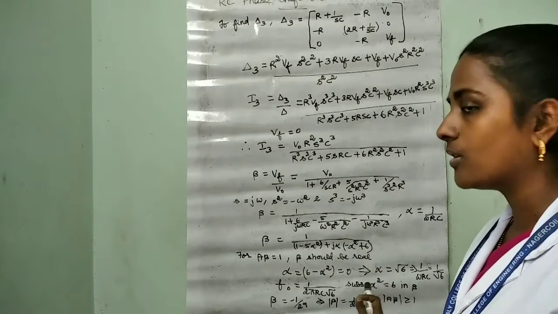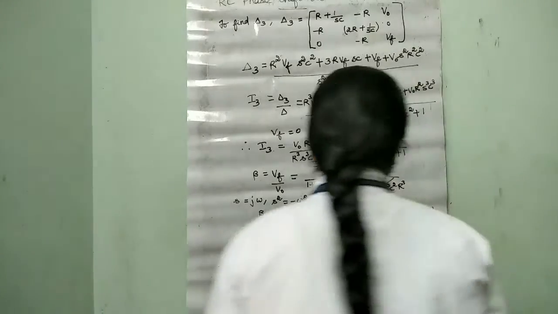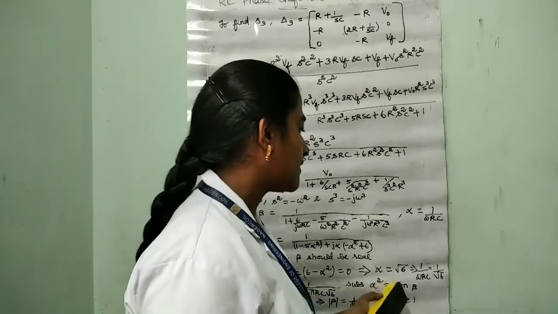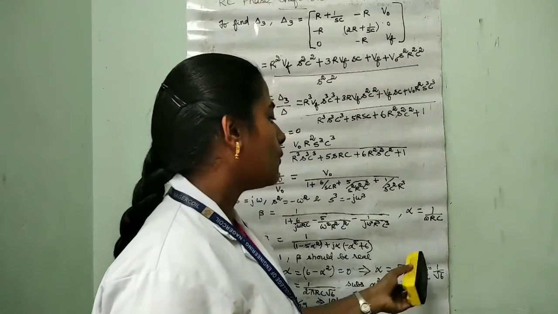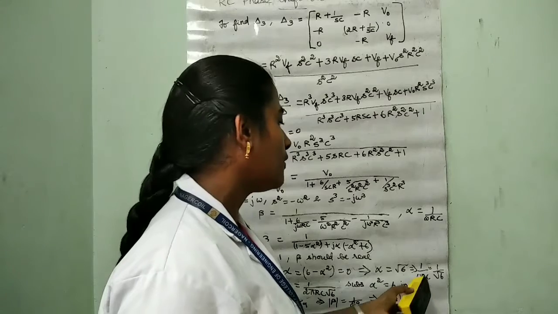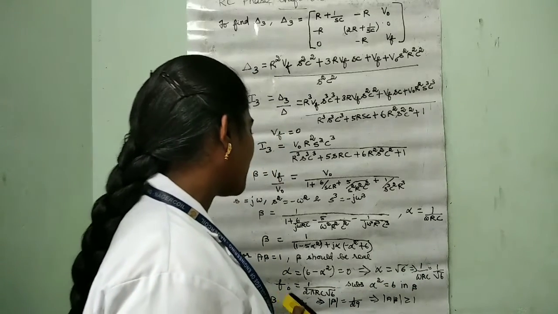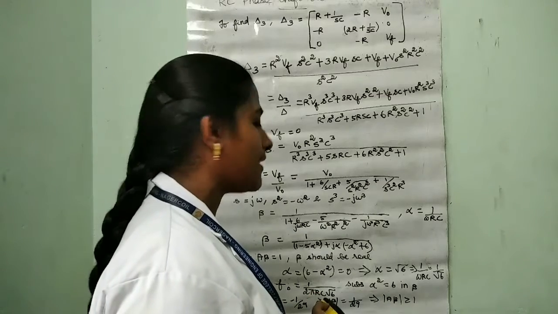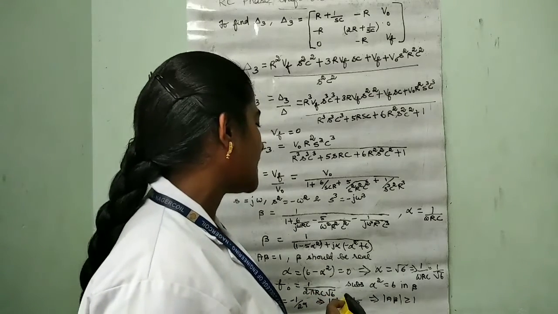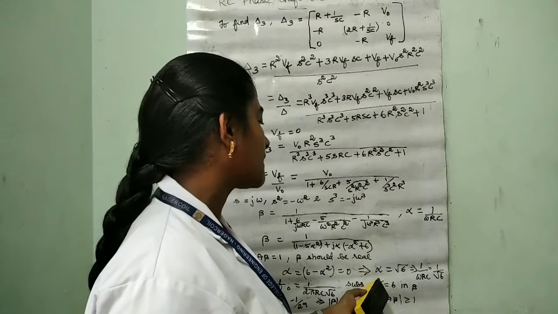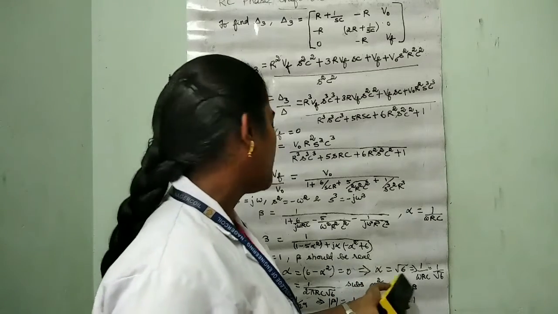So alpha is equal to square root of 6. When alpha is equal to square root of 6, 1 by omega RC is equal to 1 by square root of 6. So the value of f naught is equal to 1 by 2 pi RC into square root of 6. Now substitute alpha square equal to 6 in beta.